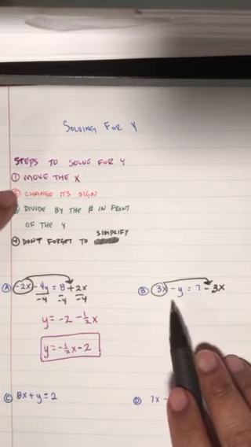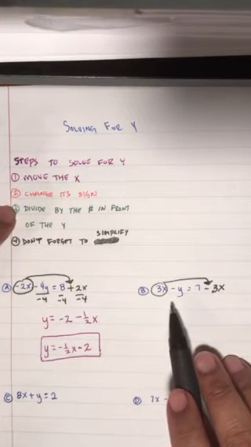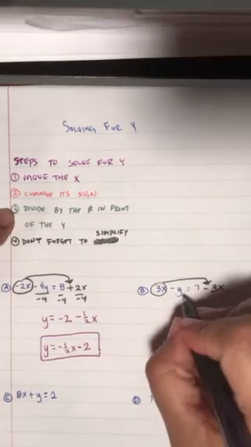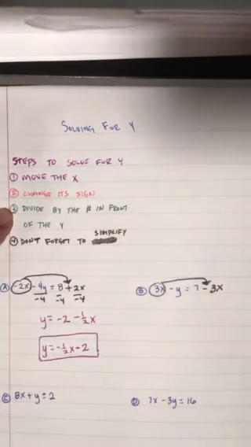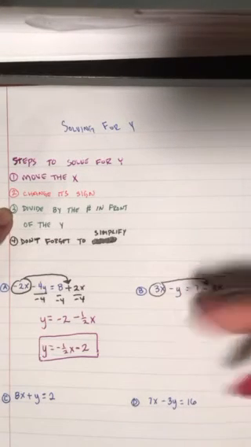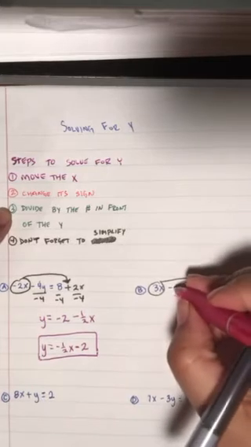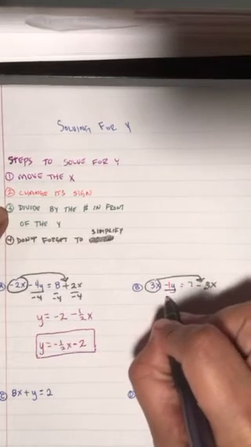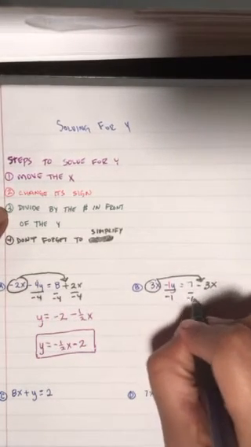Now we've changed its sign. The next step is to divide by the number in front of the y. The number in front of the y is a negative 1. I don't know if y'all remember this, but if there's not a number in front of a variable, there's an imaginary 1 there. So we're going to divide everything by negative 1.